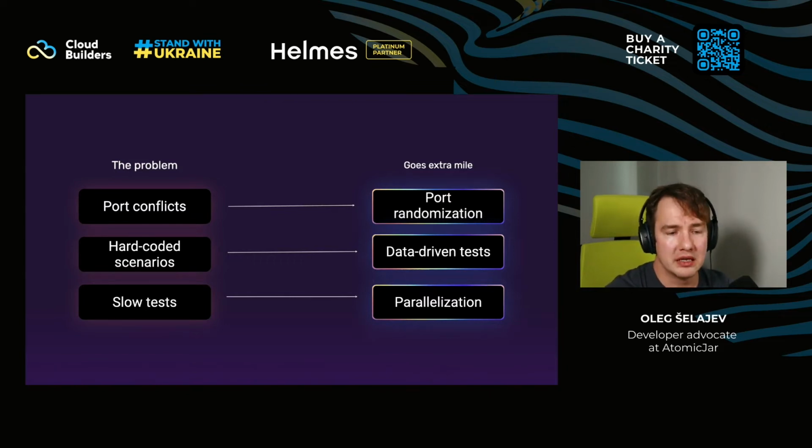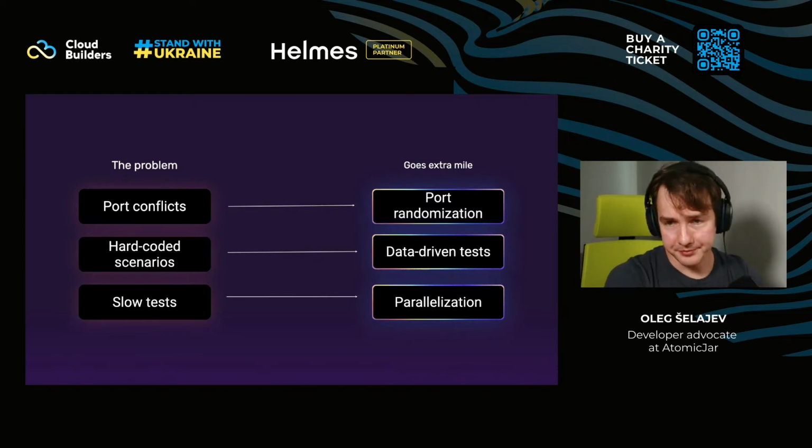Also, the whole Testcontainers idea is that there is a certain level of isolation between the services that you run in Docker. So you can easily run your tests in parallel if you want to, which alleviates the problem of having slower tests, which some people feel is very important.